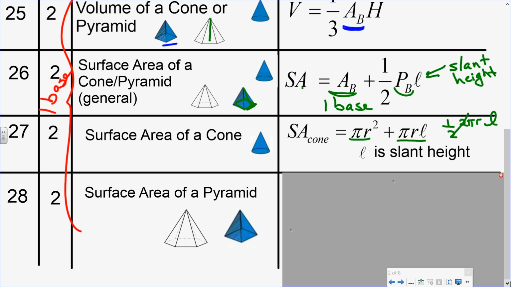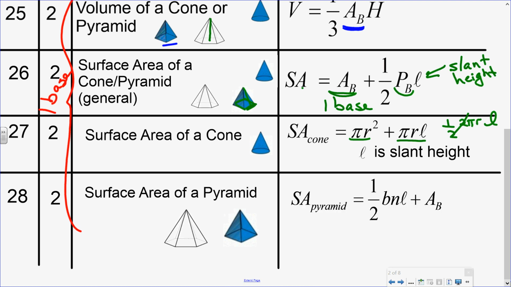If we are talking about a pyramid, and again, we don't have to memorize this one, we'd substitute in, we would still have the one base. And then when we are talking about the perimeter of the base, we would take the little b for one side of that base.